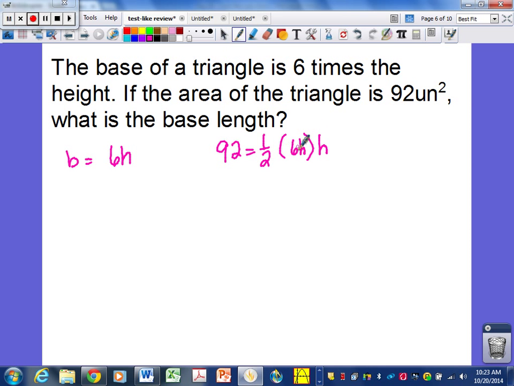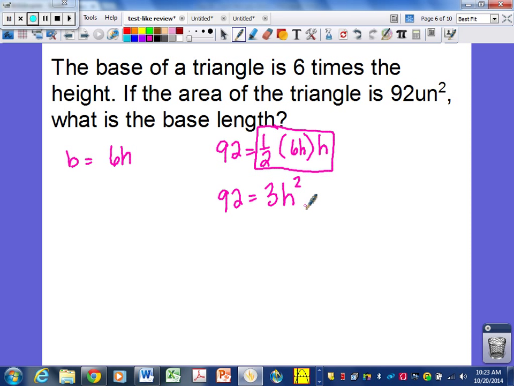So in this case I'm going to do all of this together, 1/2 times 6 times h, rather than multiplying both sides times 2. 3h squared. Half of 6 is 3, h times h is h squared.